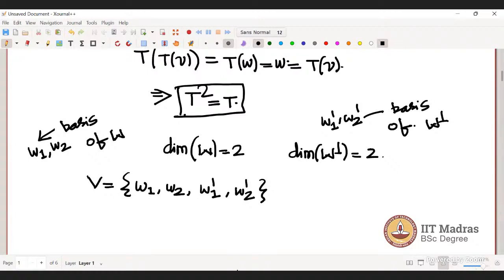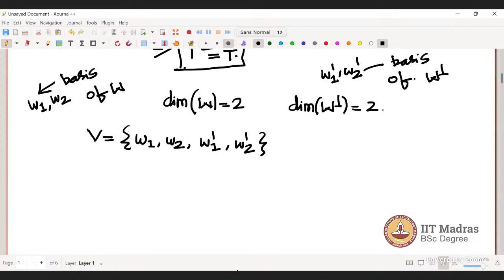So I want to now construct the matrix representation of T with respect to this basis. Is this statement always true? If I take a subspace W with basis W1 and W2, and its null space has basis W1 dash, W2 dash. Here basically I am using this fact that V is W plus W perp.